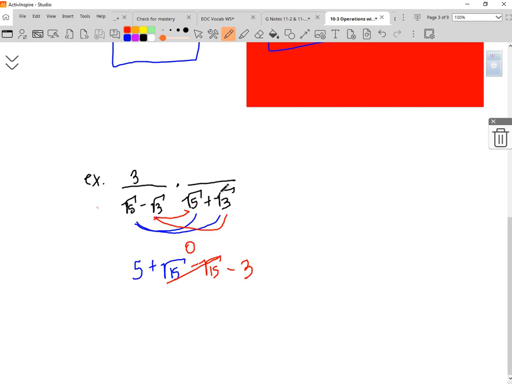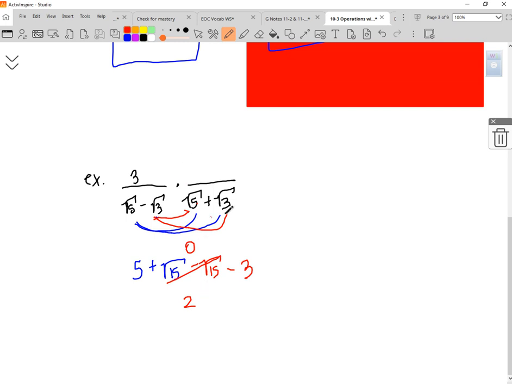So when we multiply by the exact same binomial, but with a different operation, it's going to be the square of the first term minus the square of the second term. So it's always just going to be 5 minus 3, like this here, right? So this 5 minus 3 is going to simplify to 2.